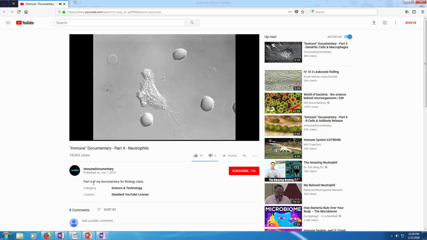Neutrophils are by far the most abundant type of white blood cell at 60% of our overall count. These cells are usually the first to the scene of bacterial or fungal infections. This neutrophil is chasing foreign bacteria.